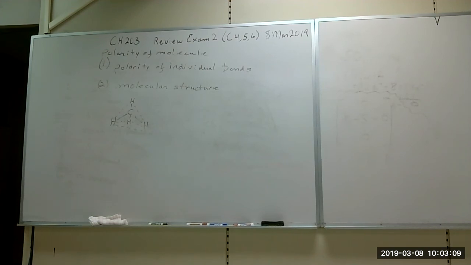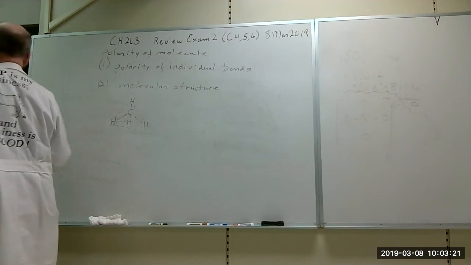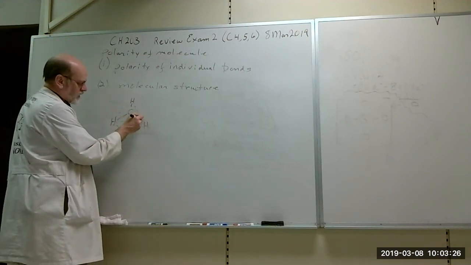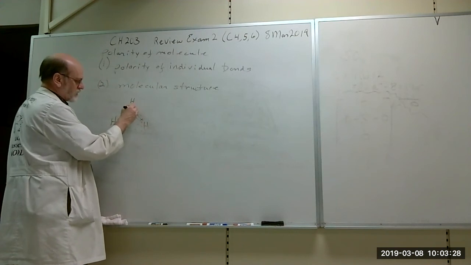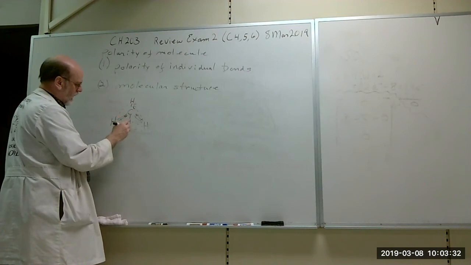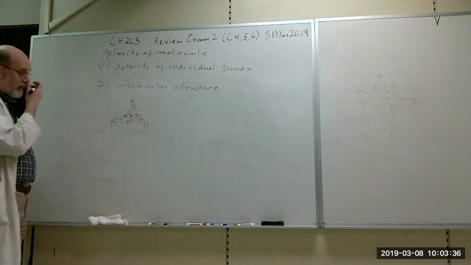Did I give you a chart with the electronegativities? Here we go. Carbon is a little more electronegative than hydrogen, just a little bit. It's like a difference of 0.4. So we do get a slight polarity of the bond for each one toward carbon. Not much, just a little bit. Right.